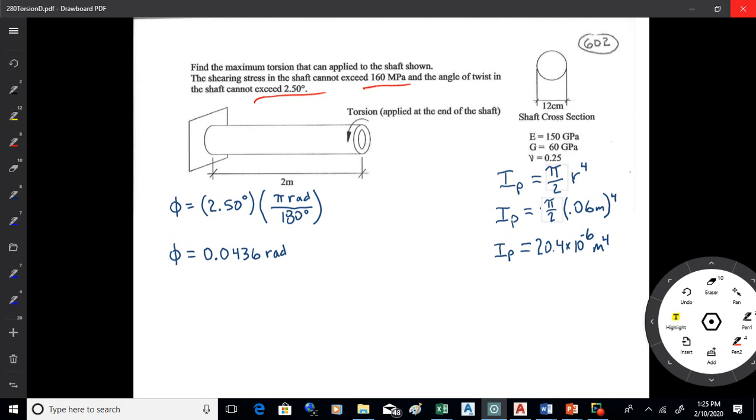Now, whenever I see these torsion problems, I immediately calculate moment of inertia. Pi over 2 R to the fourth there, it's a solid shaft. But the other thing is, units are important in torsion. They come up a lot. So 2.5 degrees, that's a perfectly reasonable angle, but the formula uses an angle in radians. So I would convert that into radians. It'd be 0.0436 radians.